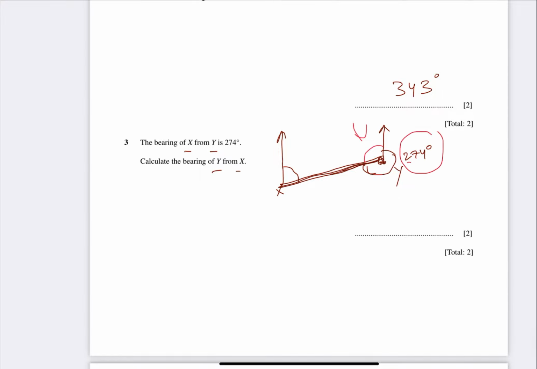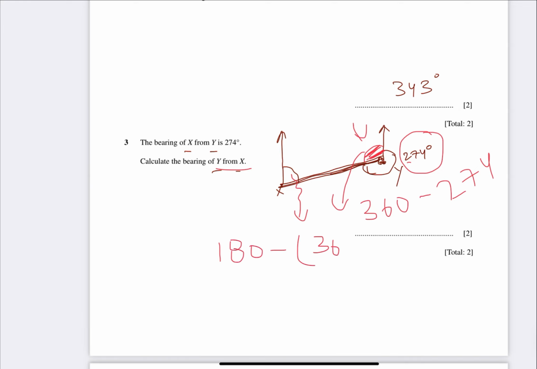Just subtract this from 360, 360 minus 274. And then this is a piece of cake. Just subtract this angle from 180. So the bearing of y from x would be 180 minus (360 minus 274).